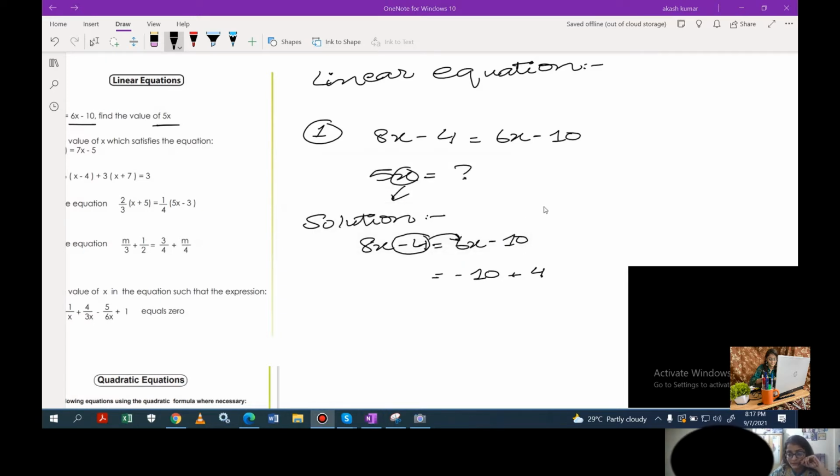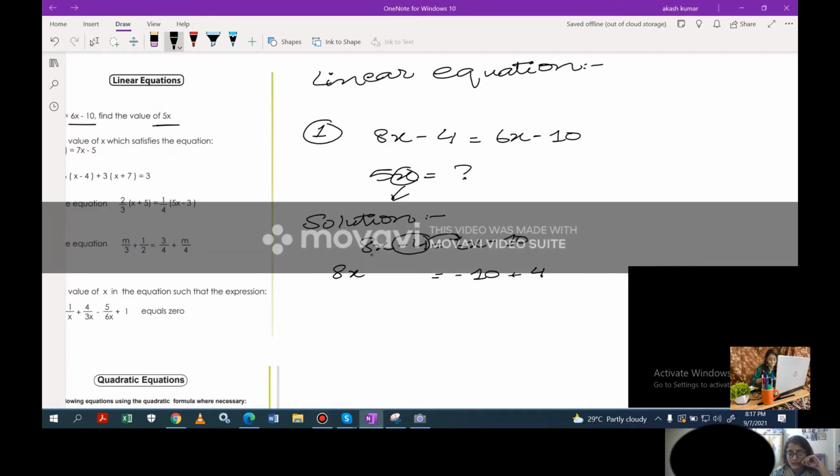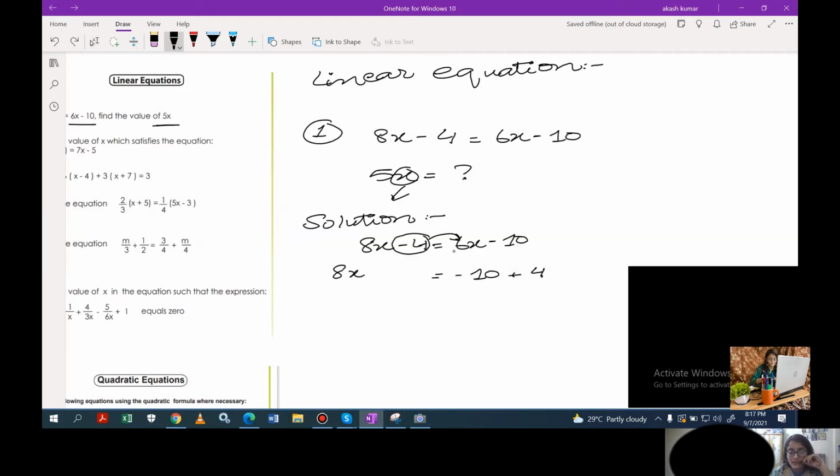So we have 8x on this side. We have 6x on this side, which is plus 6x. When we move it to this side of the equation, it will be minus 6x.